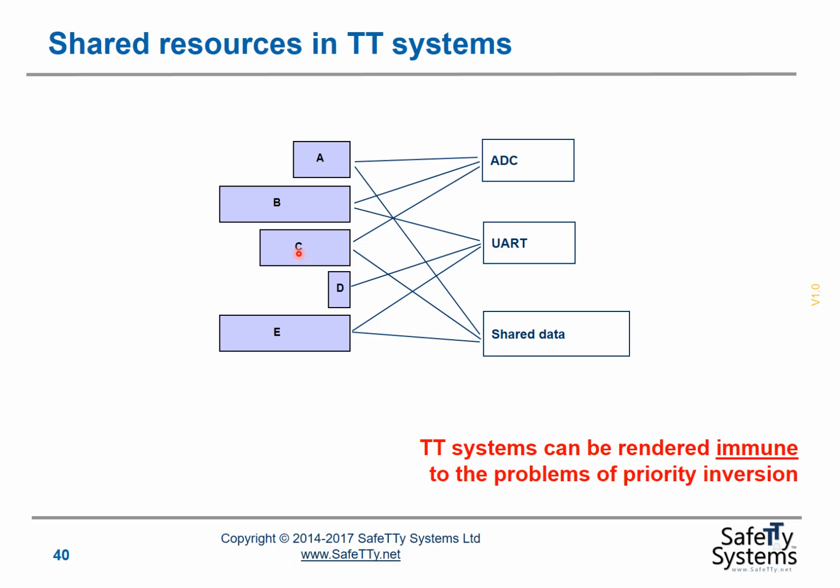Therefore, you'll need to wait, please, so that task B gains access to the resource when it requires it. That sounds like a complicated exchange, but we can see the concept is straightforward. We know when the tasks are going to be released, so we can ensure that task C doesn't access the ADC at a time when a higher priority task might require such access. In practice, it's very easy to obtain this behavior.